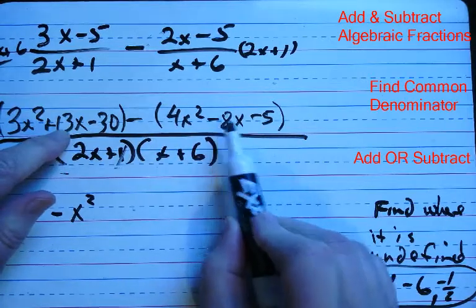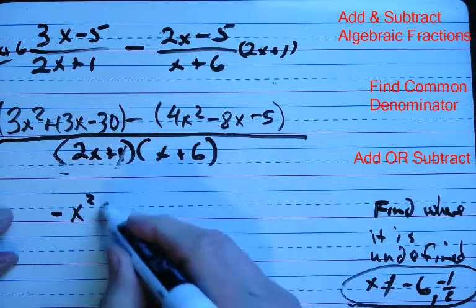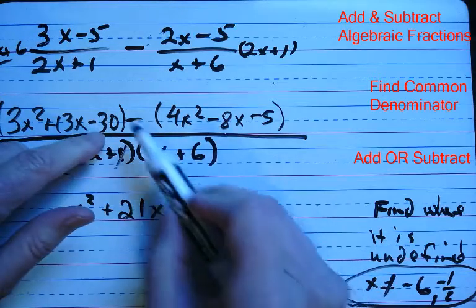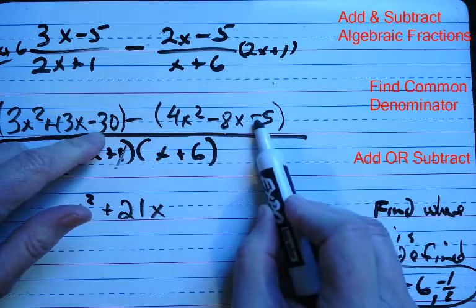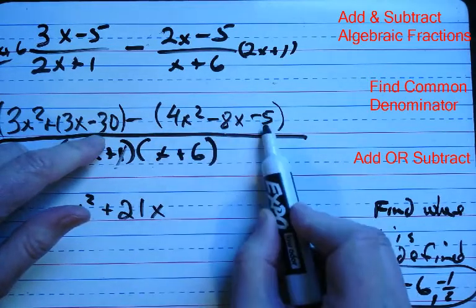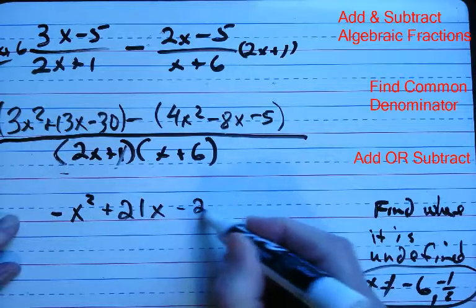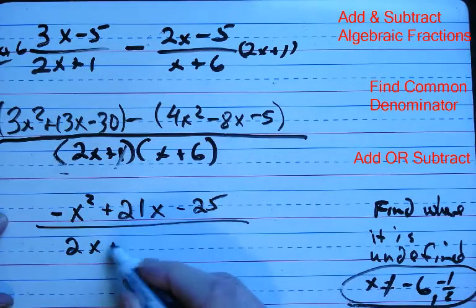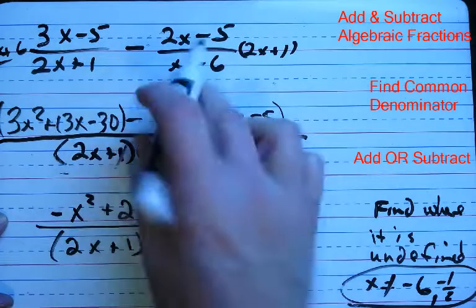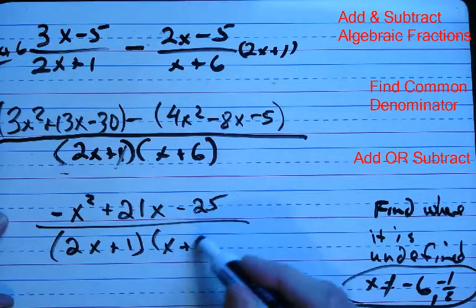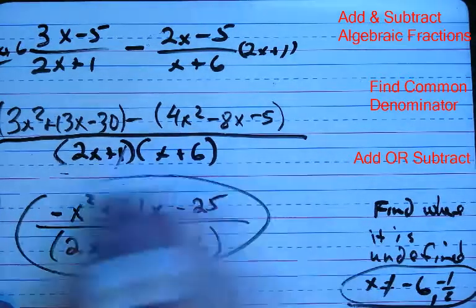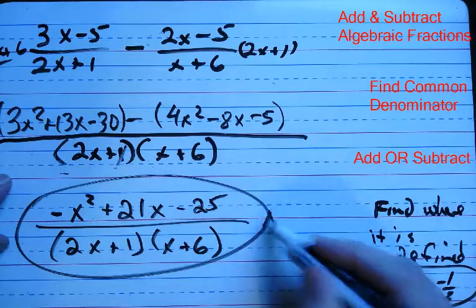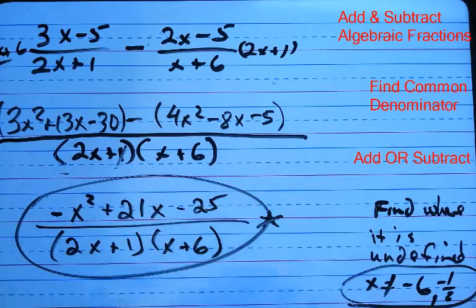So that would be 8, 9, 10, 11, 21, right? And then negative 30 minus 5. Minus means plus, so that would be 25. That's the top. What's the bottom? Well, that didn't change a bit. It's the same thing we had up there. x plus 6. Hoorah! We are done with that problem. Yes, sirree.